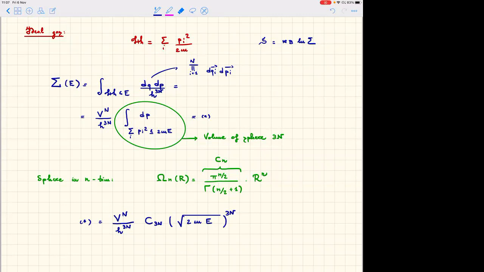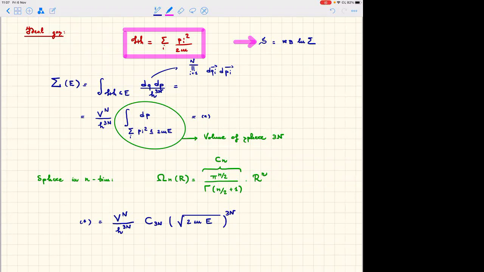So this said, what we said last time is that we are interested in computing the entropy for an ideal gas, which is described by a Hamiltonian, which is written up here, the sum of p_i squared over 2m. So it's an ideal gas, it's just a gas of non-interacting particles. The entropy is equal to k_Boltzmann log of sigma, or log of omega, or log of gamma. We have seen that the three of them are equivalent.